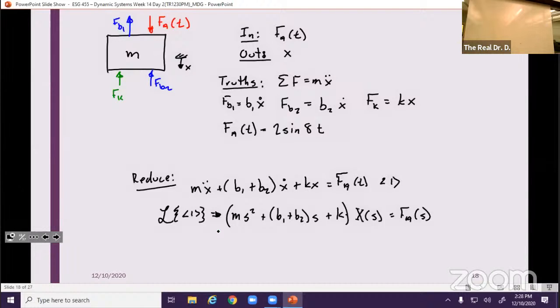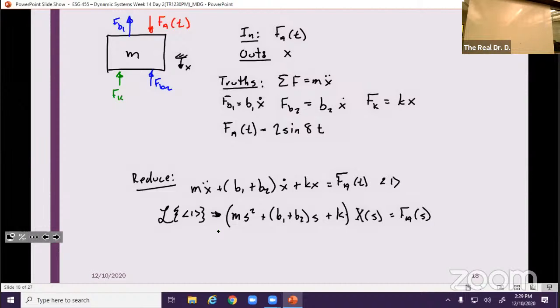We have some input force. We've got FB1, FK, and FB2. Our input is FA. Our output is X. Our truths: the sum of the forces is M x double dot. FB1 is equal to B1 x dot. B2 times x dot is FB2. FK is equal to K x. And FA of t is equal to 2 sine 8t.